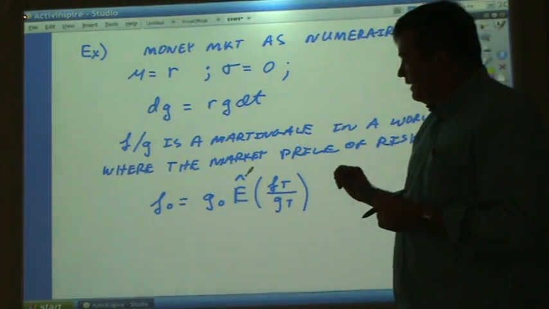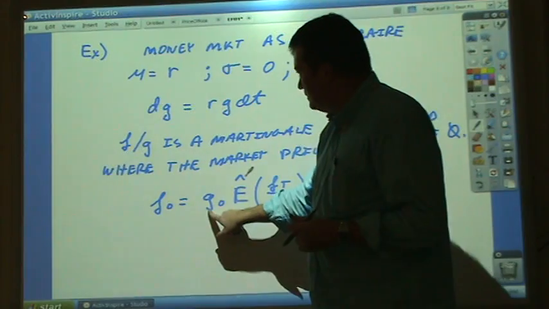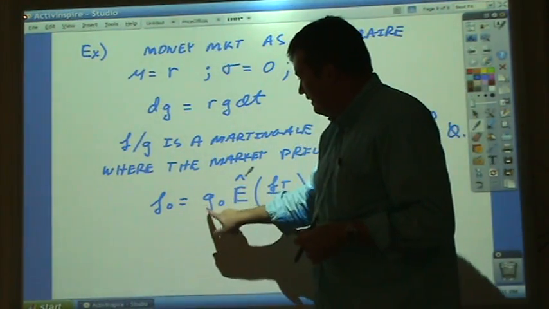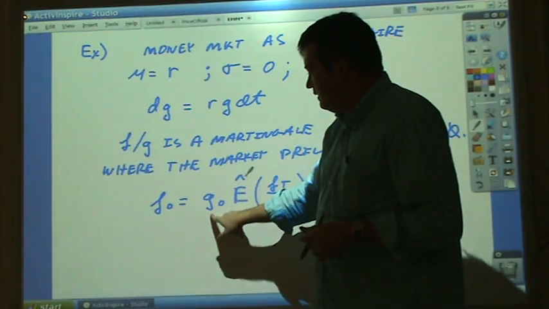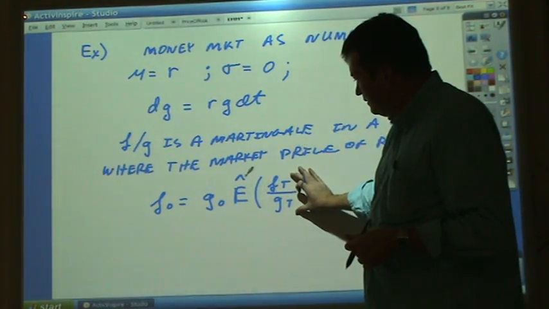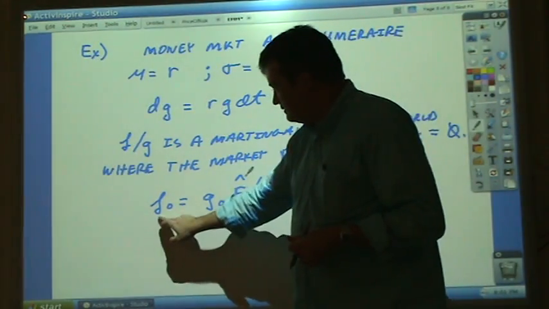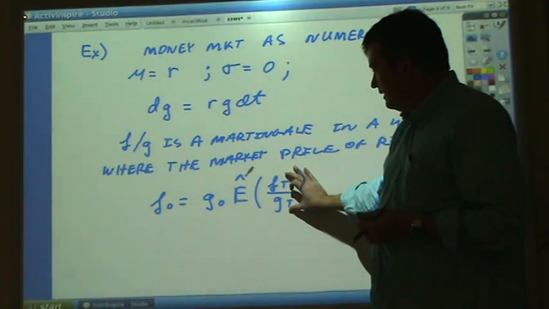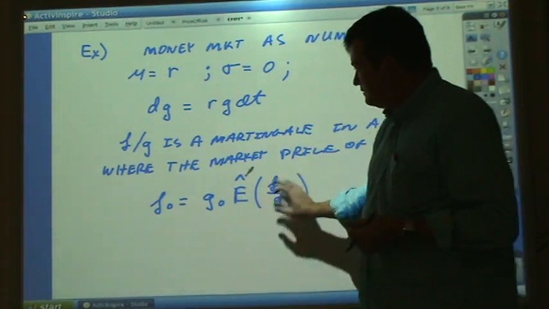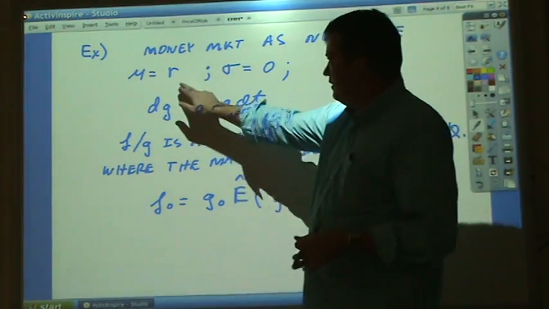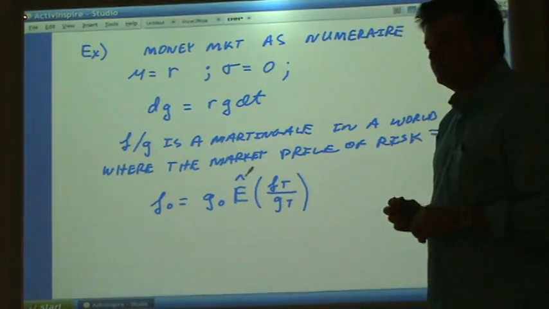So what would motivate me? This G, we decided to let the money market be the numeraire. So G is if we put our money in the money market. If we multiply that times the expected value of this ratio, we should get this. If the expected value of this ratio ends up being a martingale, then that means the expected return on this investment is the same as R. What would the little Q be?